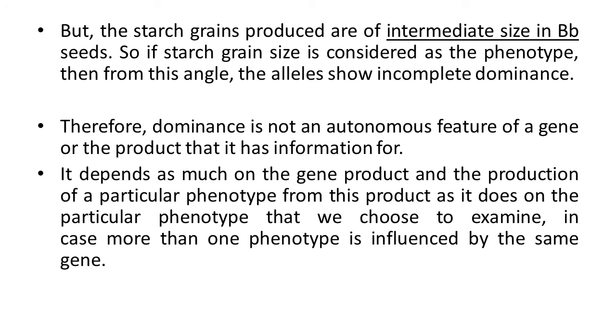By studying this type of example, we can say dominance is not an autonomous feature of a gene or the product that it has information for, but depends as much on the gene product and the production of a particular phenotype from this product as it does on the particular phenotype that we choose to examine, in case more than one phenotype is influenced by the same gene.